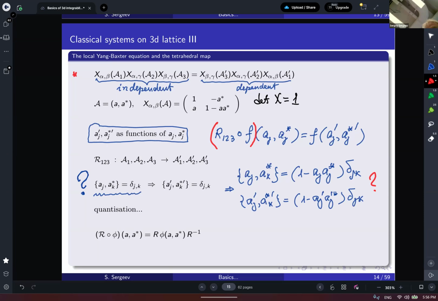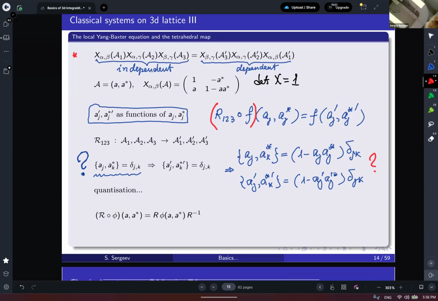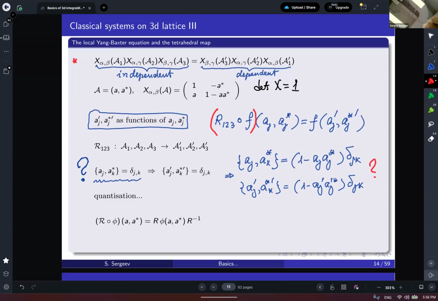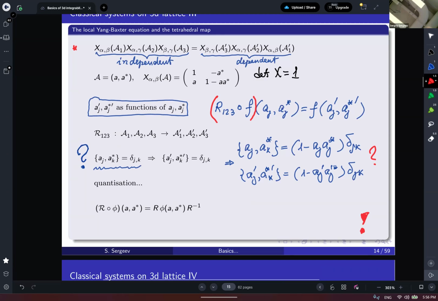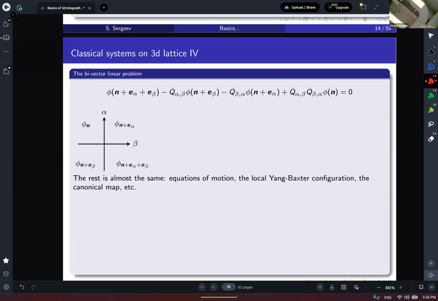I'll talk about this on Thursday. So remember this particular result. That's very good, very interesting, very nice. Then, please remember that in my first lecture, I mentioned that in the theory of three-wave equations, there are two different Poisson structures.